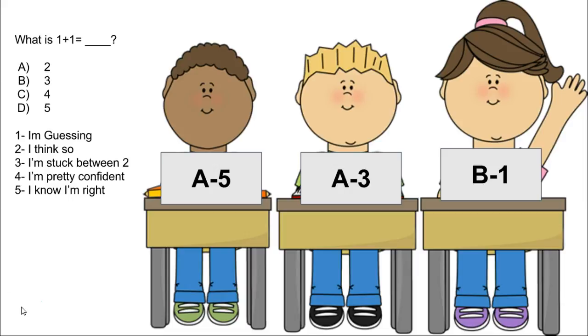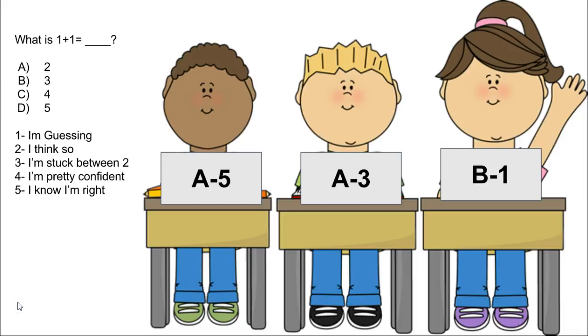So in this case, 2 of the students chose A. 1 was extremely confident. 1 was kind of stuck between 2 answers. And then the third person had no clue and was guessing. So this gives you some very immediate feedback to the question at hand.